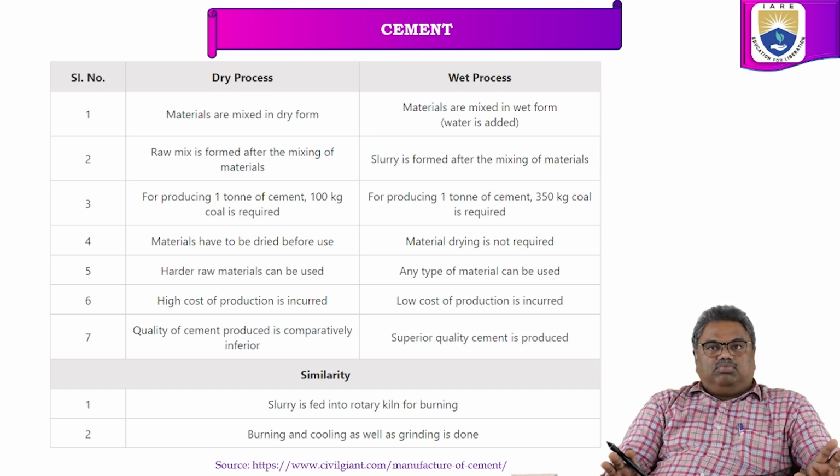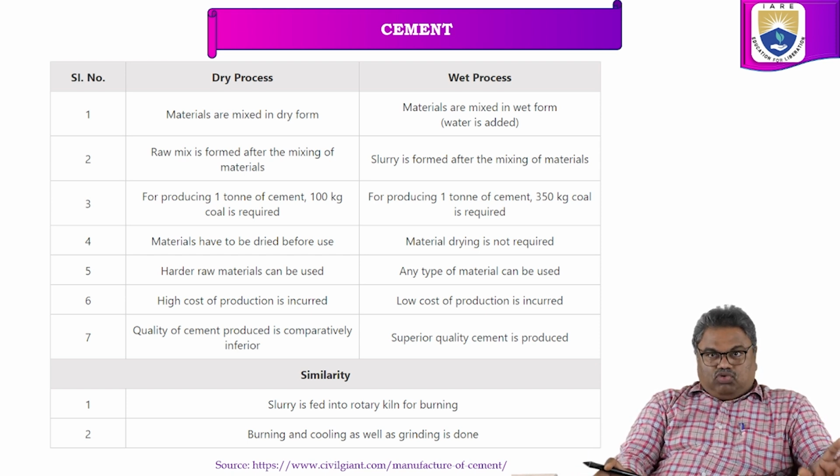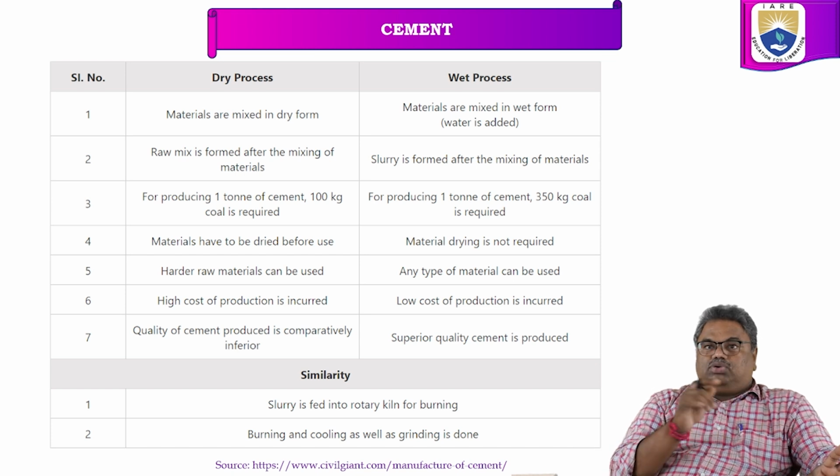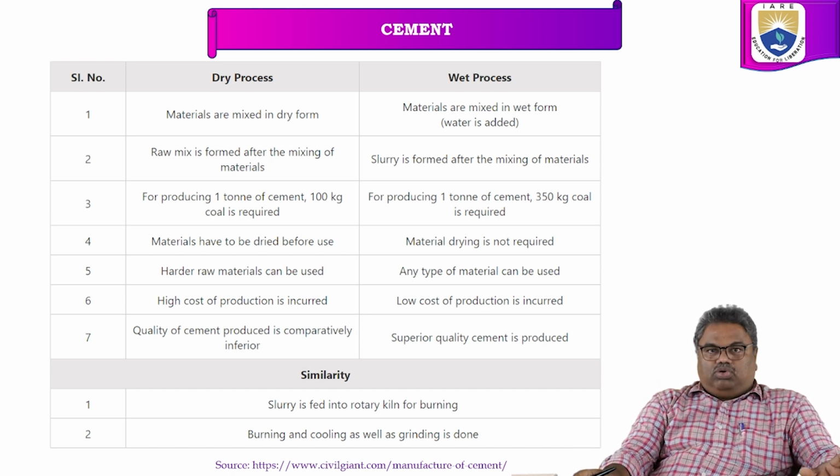So in the dry process we are using only 100 kg of coal, but in the wet process we have to use 350 kg of coal, right?